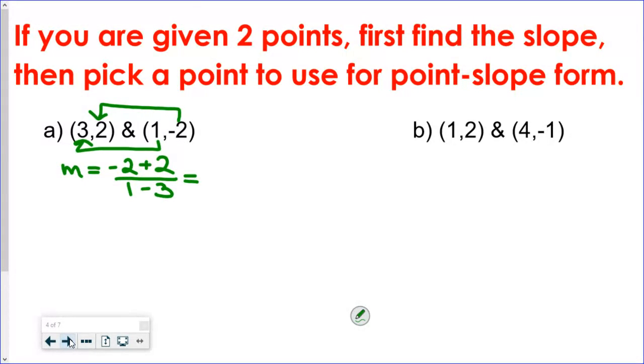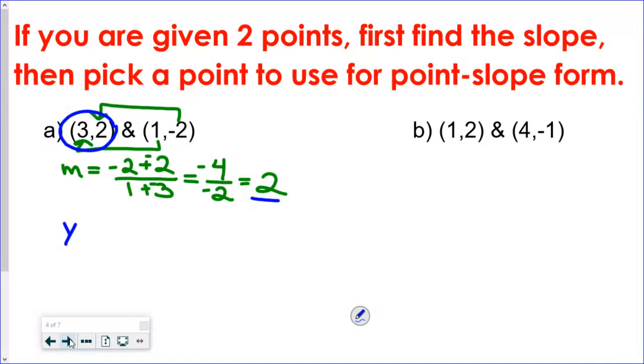So do the keep, change, change, and I get a -4. Keep, change, change, and I get a -2. That reduces to 2.